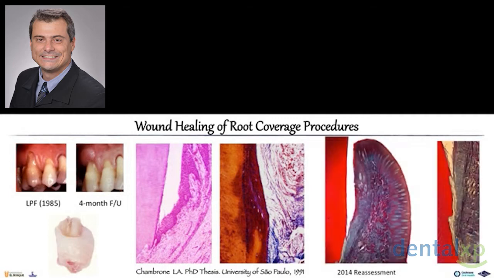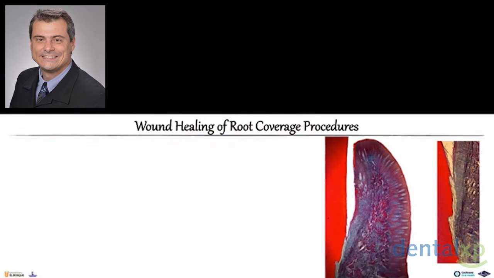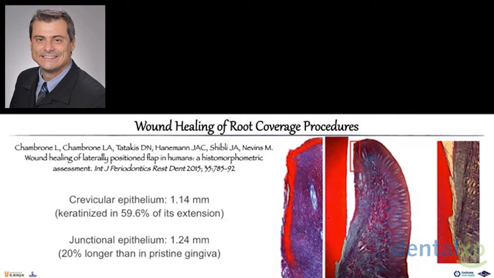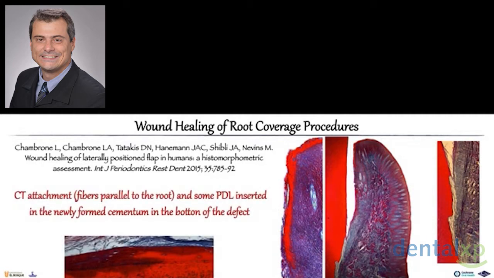But previous study samples like this one from the 80s may be reanalyzed to obtain outcomes that were not accessed at the time, regarding, for instance, the dimensions of the epithelium, where we can note that the sulcular epithelium is somewhat similar to non-treated areas, as well as the junctional epithelium is longer than untreated sites. Also, we may note that there is some connective tissue attachment with fibers parallel to the root and some PDL inserted in the newly formed cementum in the bottom of the defect.